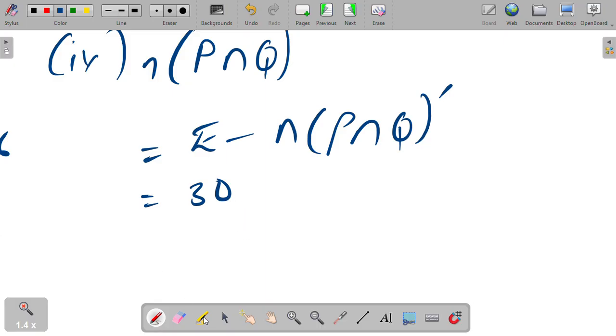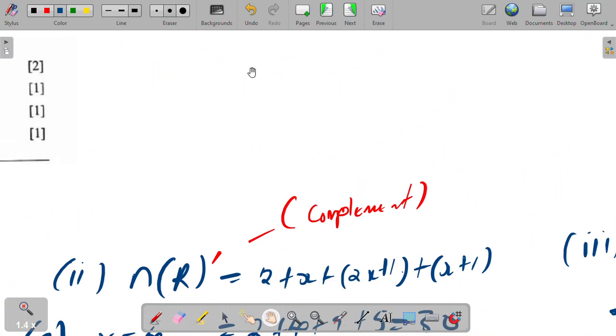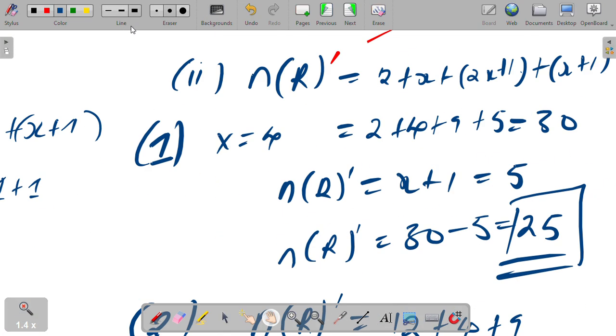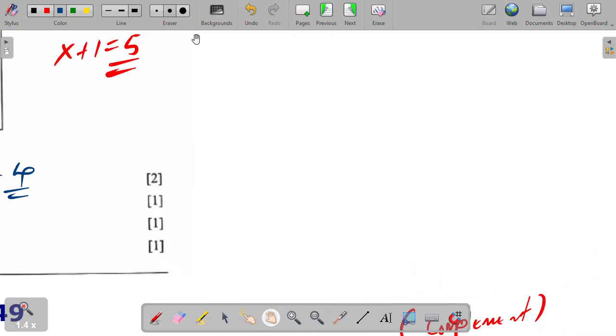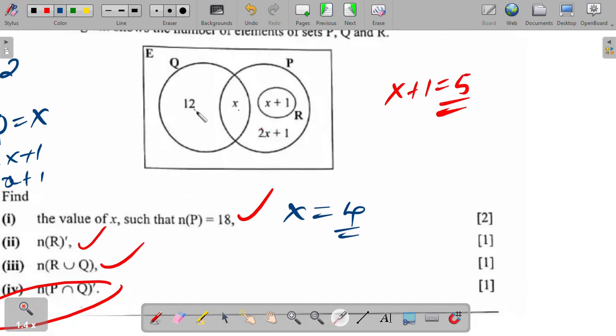So you're asking, sir, what are we adding here? What we are adding is 12, we are adding x, we are adding this and that, and together the total will be 30.